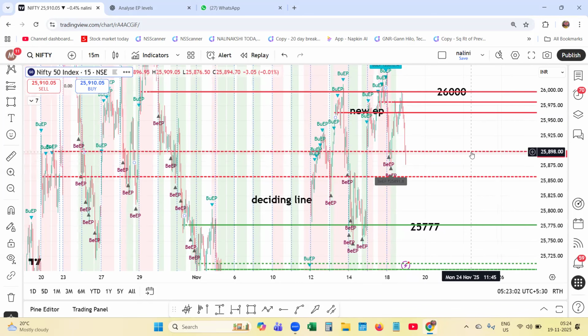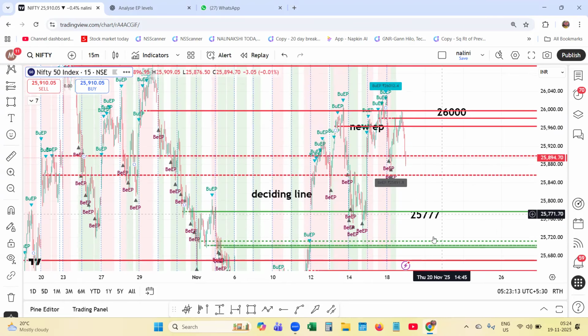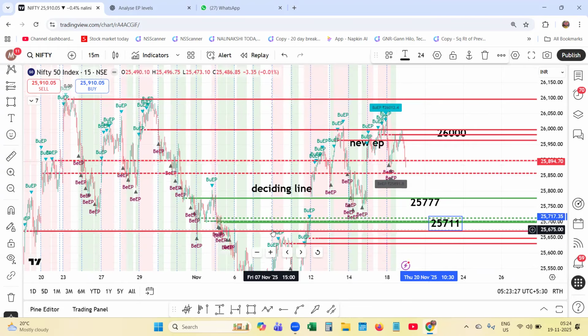Now, the market is testing this longer term resistance level, and this is the new EP. This is new EP, this is new EP, 25,711. 25,711 are the new supports formed in the market.